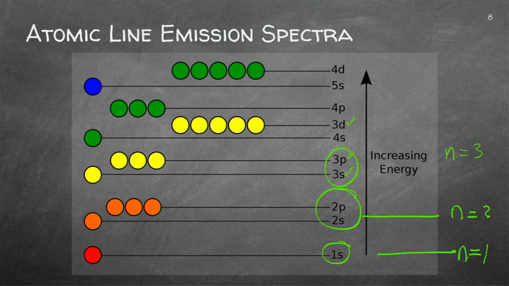And then we've got energy level 4, s, p, and d. We're not going into the chemistry now, but the important thing you have to recognize is that the further away from the nucleus, the more energy it has.